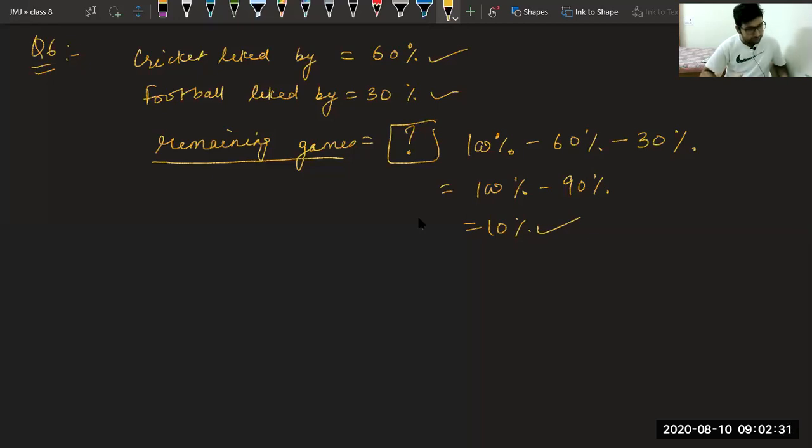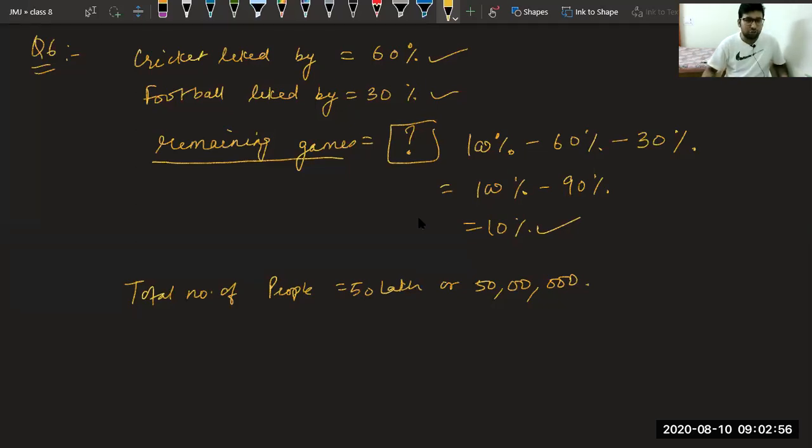If the total number of people is 50 lakh, so given is total number of people equal to 50 lakh, we have to find the exact number who like each type of game.